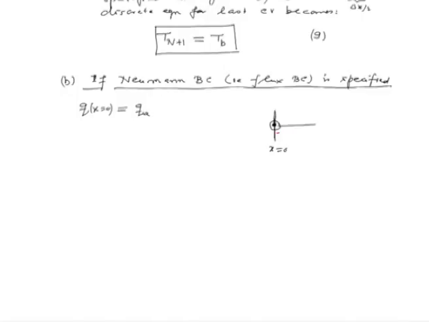So, we got this computational node 1, computational node 2 and so on, and now this becomes our CV face, and this is the half width control volume which is linked to computational node 1. So, this is our CV 1 and its width is delta x by 2.